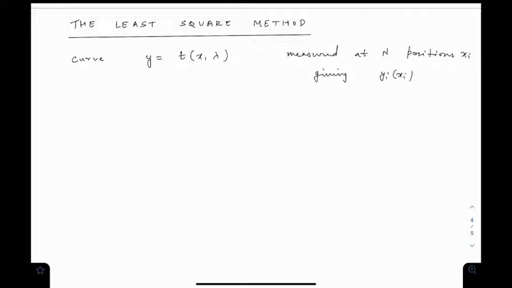The standard solution of this so-called regression problem is provided by the least square method, which fixes the parameters of a given function by minimizing the sum of the normalized square deviations of the function from the measured points.